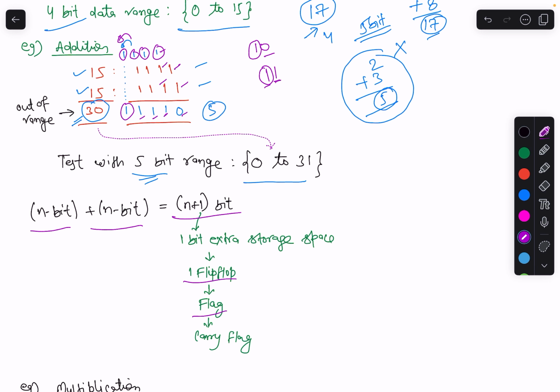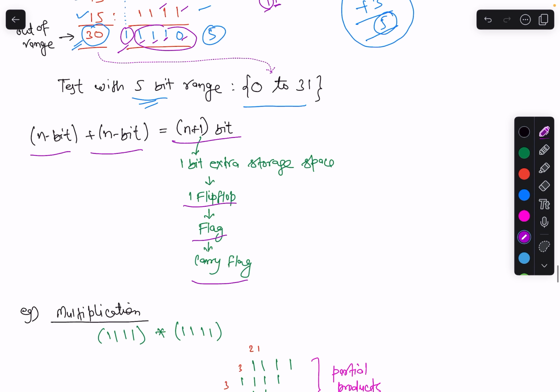There is a flag register in which we have various flags such as carry, overflow, zero, non-zero. We'll talk about all these flags later, but this 1 bit we will store in the carry flag. These 4 bits we can store in the accumulator. The accumulator is a register that is generally used to store the result.